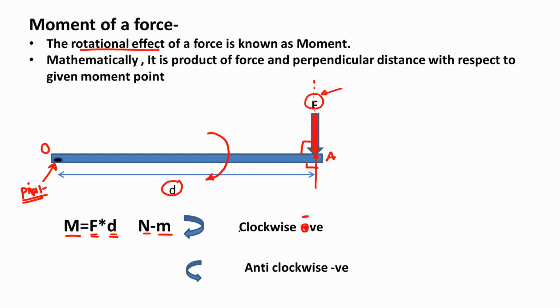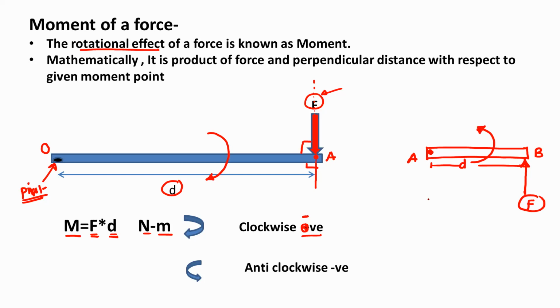So clockwise rotation is considered as negative, and for anti-clockwise, suppose we have one object, a rod AB. It is connected at point A, and if we apply the force like this, this is the force F and this is the perpendicular distance D. This force will try to rotate the AB in the anti-clockwise direction.